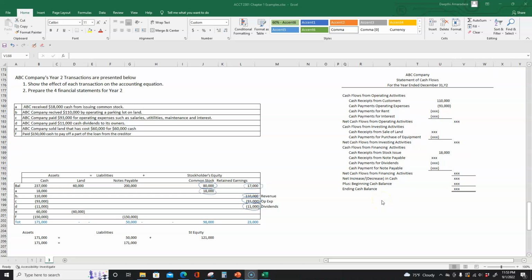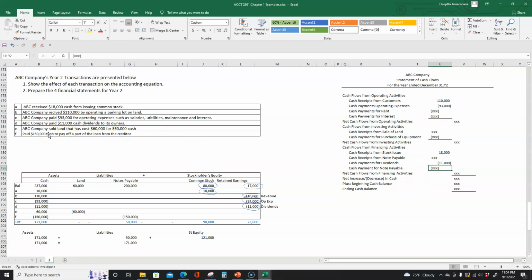Dividends are paid to stockholders, therefore it goes in the financing activities section. I already have a line item here that says cash payments for dividends, so I'm just going to put my $11,000 here, and I am going to put it as a negative number because cash went out of the company. We paid dividends.